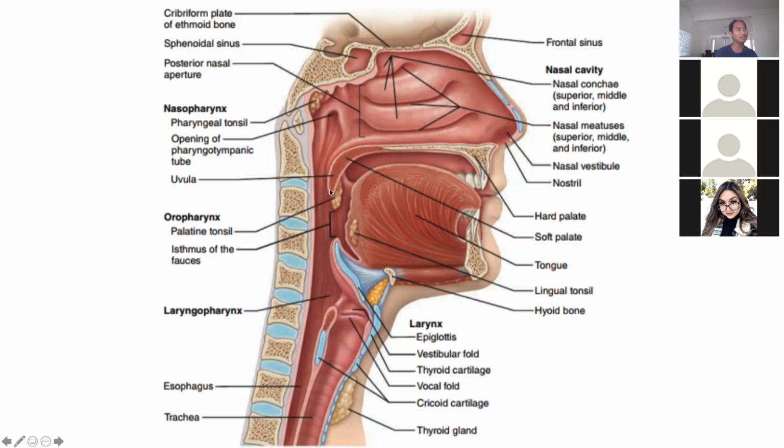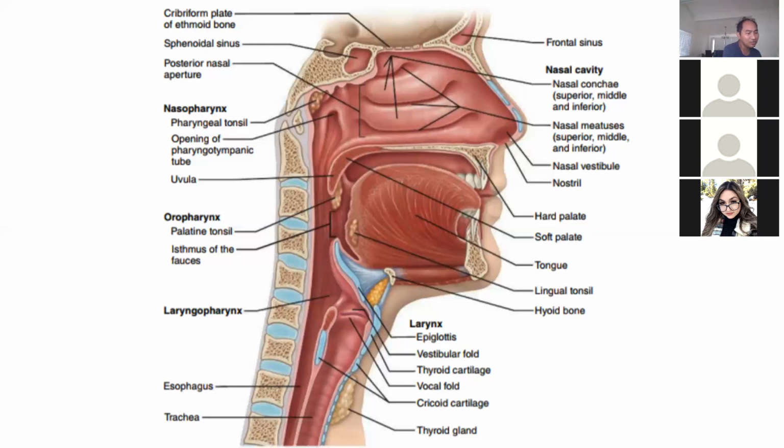So this uvula is going to flip upwards to block the channel between the oropharynx and nasopharynx. So when you swallow some food, this uvula will flip up and block the channel, so the food you swallow will not get into the nose. Of course, sometimes if you choke, this uvula cannot close properly, and the food will come out from the nose.